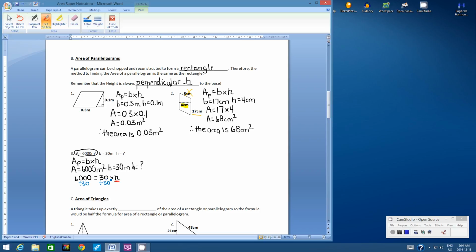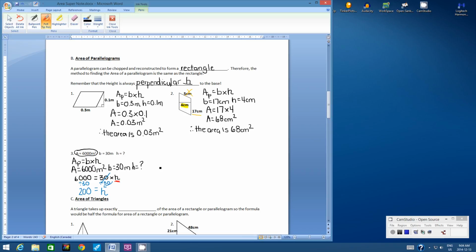Times 30 divided by 30 simply cancels each other out. The only thing left on the right-hand side is the h. Now let's look at the left-hand side. 6,000 divided by 30. Well, please use your calculators to solve for that. Hopefully you got 200.